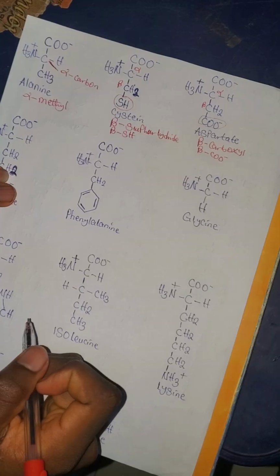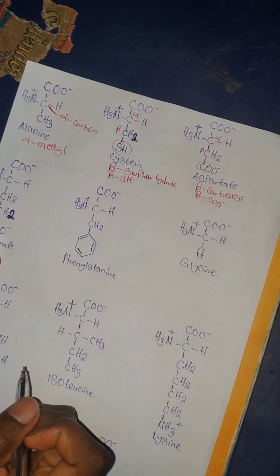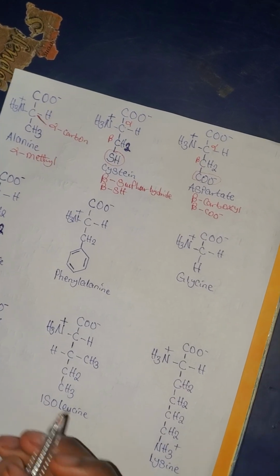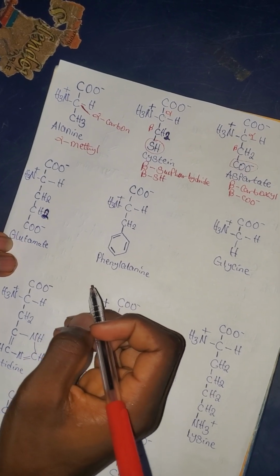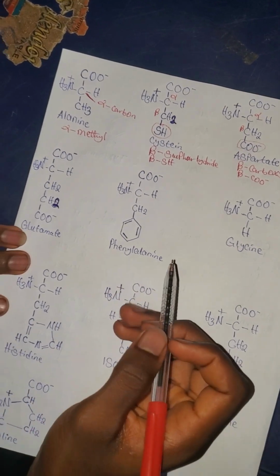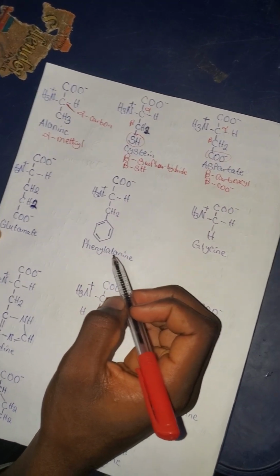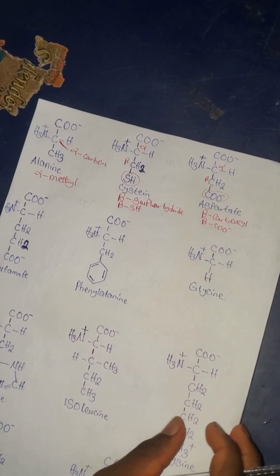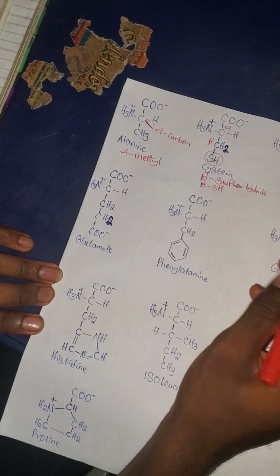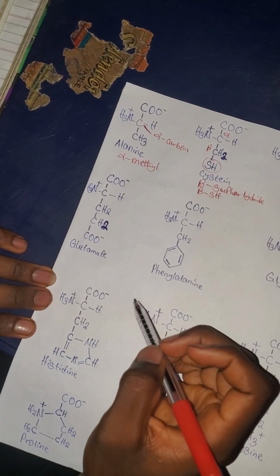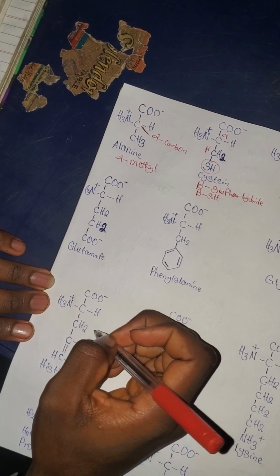This is a short trick to recall the structures for the sake of exam, because you find it very hard, boring, and bulky to cram the structures of these amino acids. Of course, if you're not careful, you are going to mix them up. But with this trick, you'll be able to recall them very well.